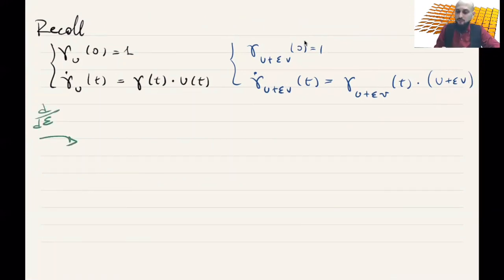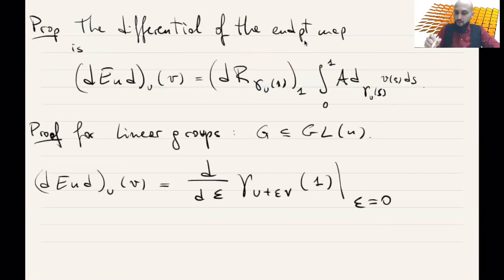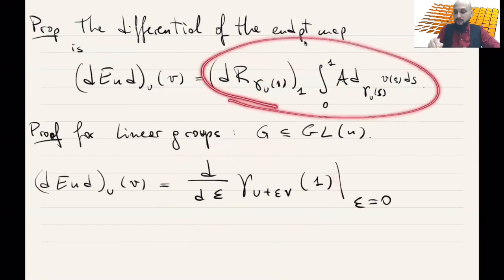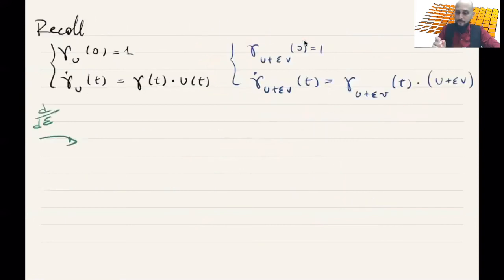Because I would like to come up with a new linear system, a new ODE, in such a way that both this map here and some similar map coming from this formula satisfy it. So I take the derivative in epsilon.